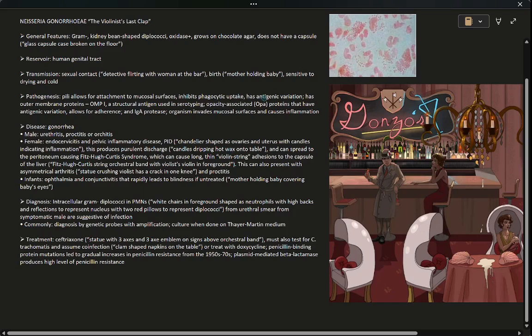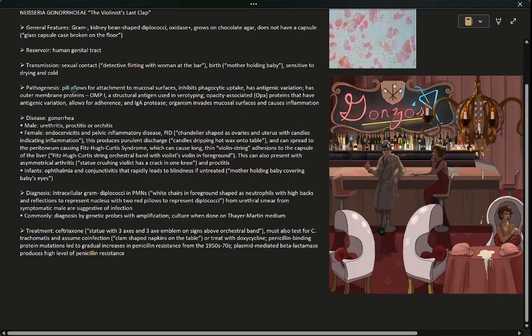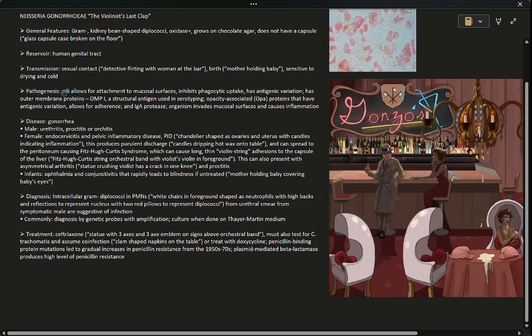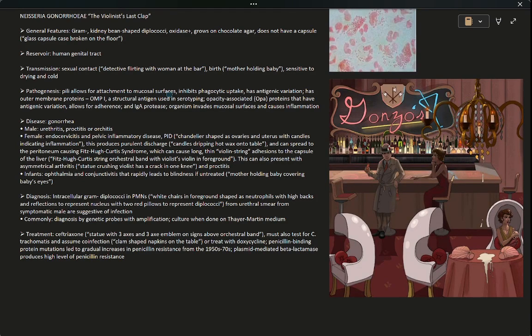And again, remember that it is sensitive to drying and cold. So for pathogenesis, the pili of this bacteria allow for the attachment to mucosal surfaces. It will inhibit the phagocytic uptake, and the pili have antigenic variation.